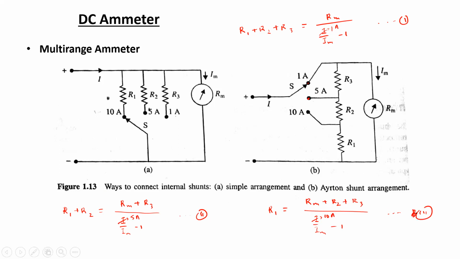Now the three equations can be solved simultaneously, and the values of R1, R2, and R3 can be determined. That is going to give the three values of the range selection using a fixed PMMC arrangement. So this is how the values of the resistances should be determined in case of the Ayrton shunt arrangement.